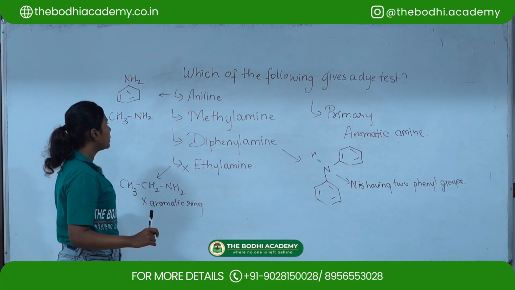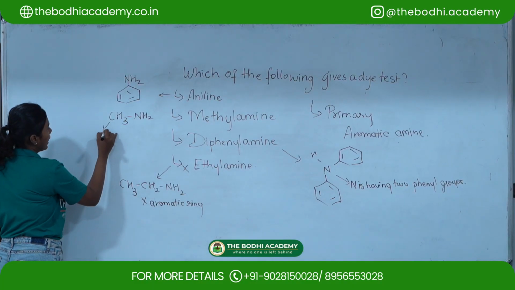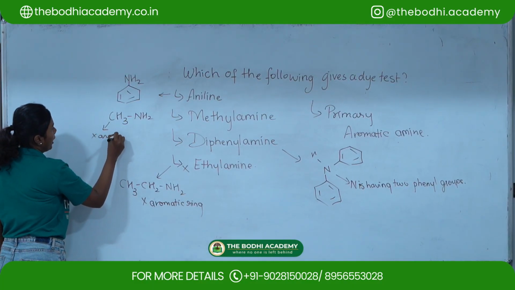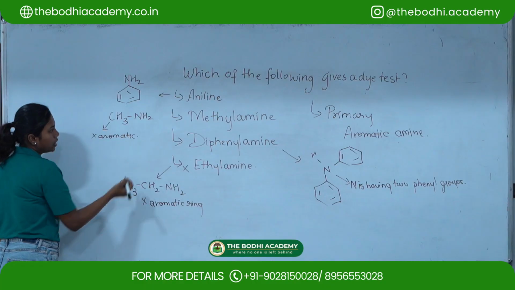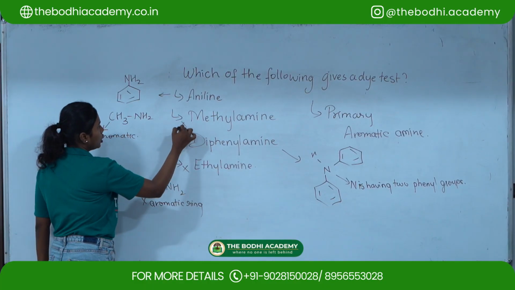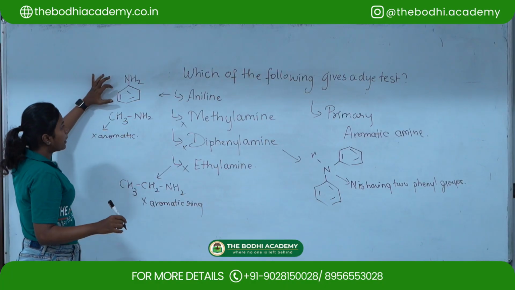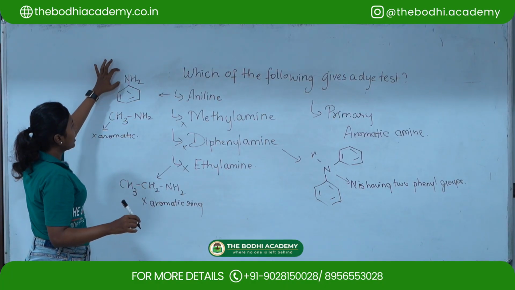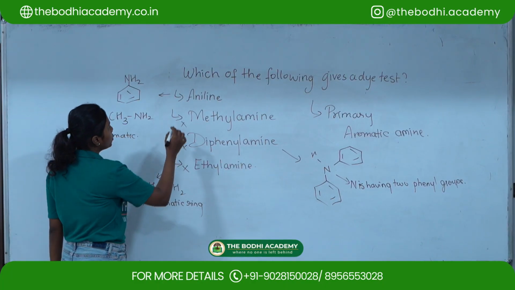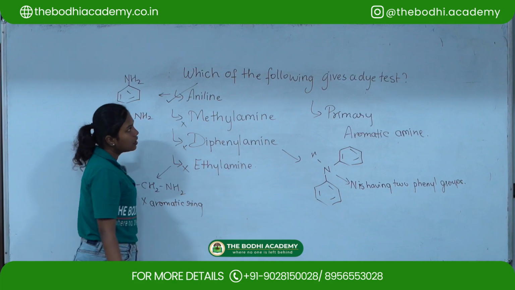Next, moving to methylamine, again it does not have the aromatic part, so this also cannot be the option. So finally we have aniline that has the primary part, the aromatic part and the amine part itself. So aniline is the answer.